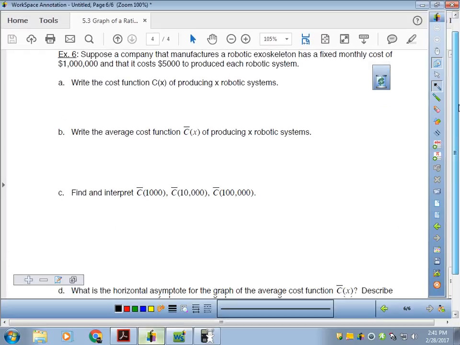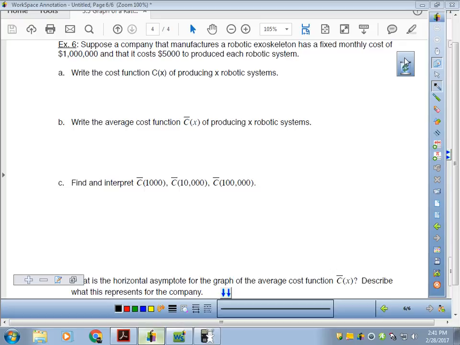So it says, suppose a company that manufactures a robotic exoskeleton has a fixed monthly cost of $1 million and it costs $5,000 to produce each robotic system. Part A asks us to write the cost function C of X for producing X robotic systems. So we say C of X equals, what are our fixed costs?